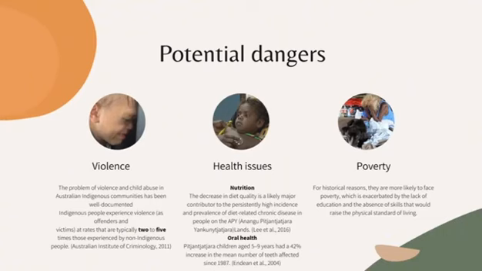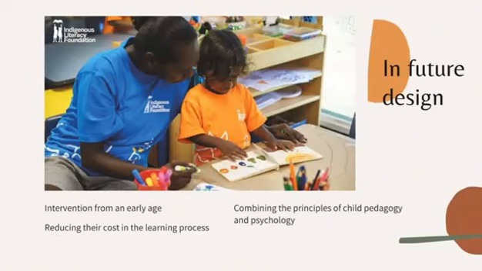In future design, we look for solutions in three main areas: intervening at an early age, reducing the cost of their learning process, and incorporating the principles of child pedagogy and psychology.